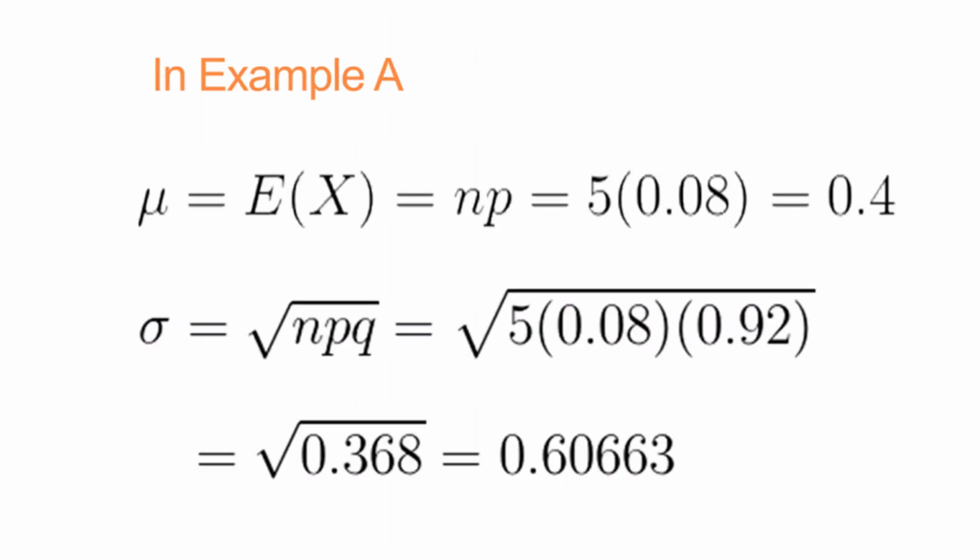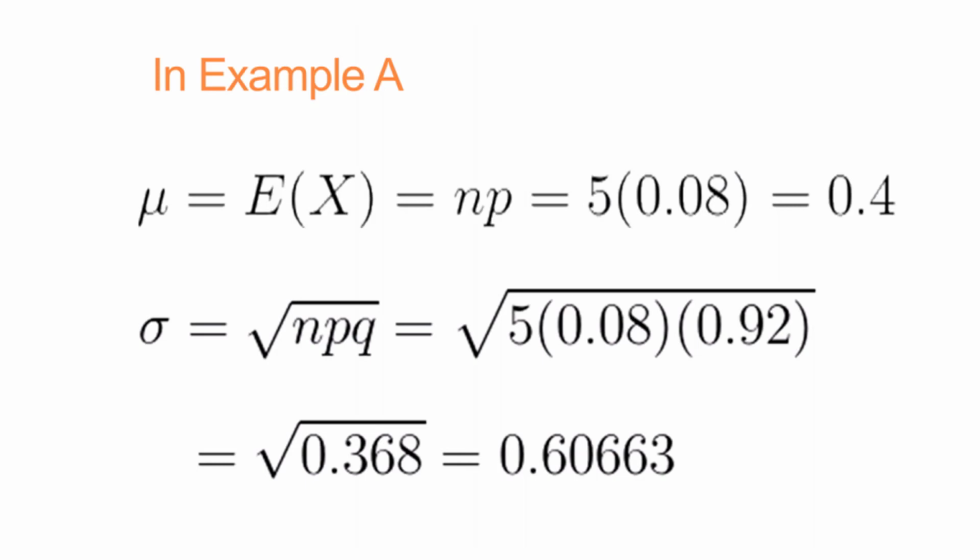In example A, where n is equal to 5 and p is equal to 0.08, the mean is 5 times 0.08, which is 0.4, and the standard deviation is the square root of 5 times 0.08 times 0.92, which is 0.60663.